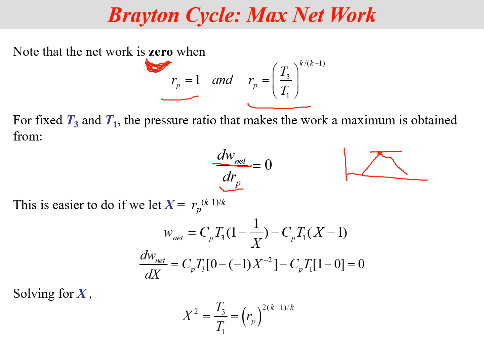So you write this W net as a function of Cp, and when you take the derivative, this constant becomes 0, and the derivative of 1 over x is like this.